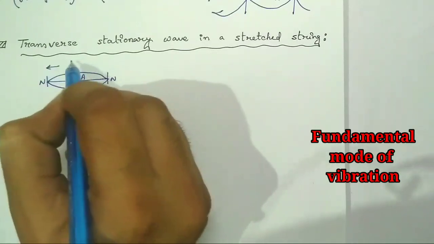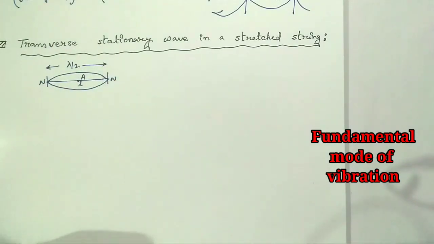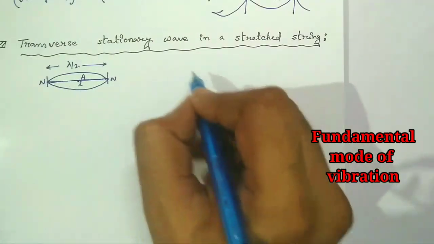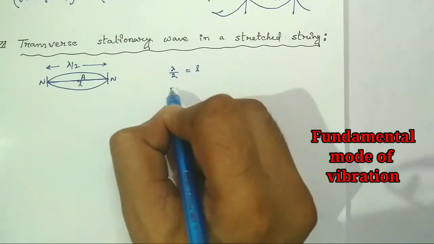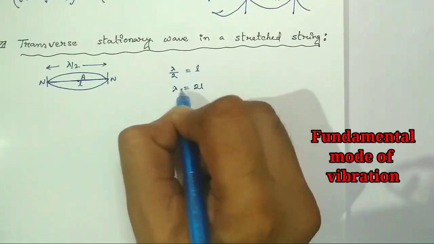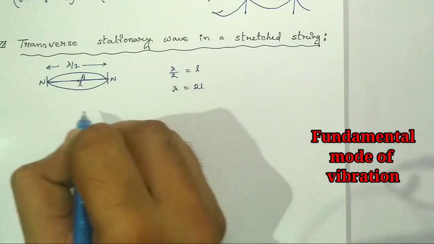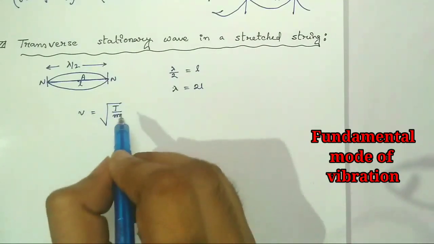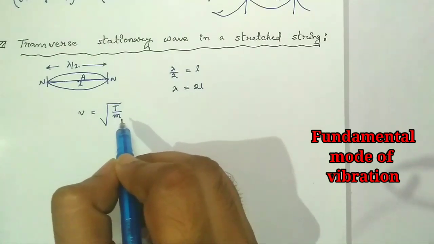The distance between two nodes is given by lambda by 2 and the length of the string is L. That is, we can write lambda by 2 equal to L or lambda equal to twice L. But in a transverse medium, the velocity of wave is given by V equal to root over T by M, where T is the tension in the string and M is the mass per unit length.